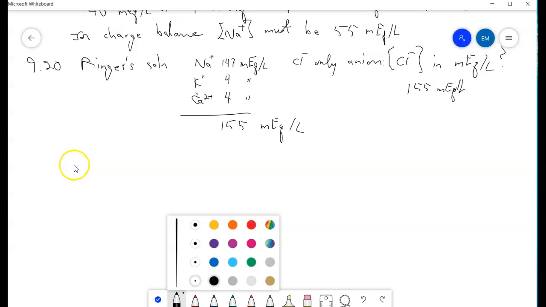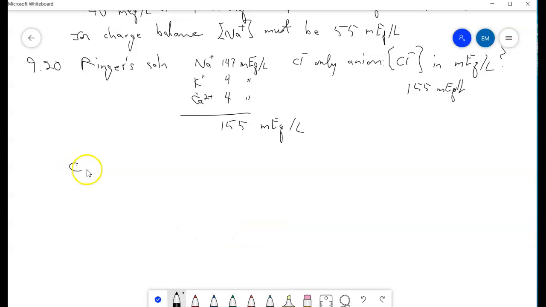Okay, calcium 2 plus here is 4 milliequivalents per liter. And an equivalent is a mole of charges. So for each mole of calcium 2 plus, you've got 2 moles of calcium charges. Okay, so you've got 2 equivalents per 1 mole.